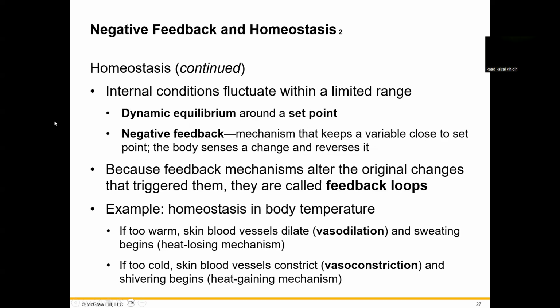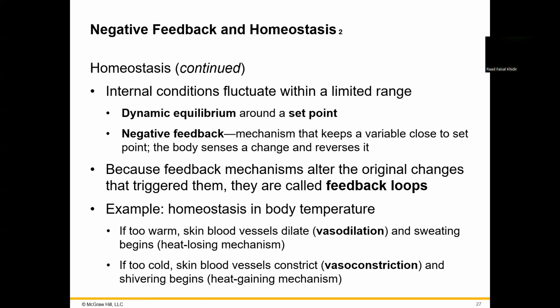So now there are two types of mechanisms. There is negative feedback. Negative feedback, now what does it mean?